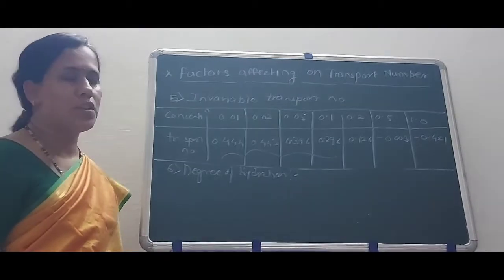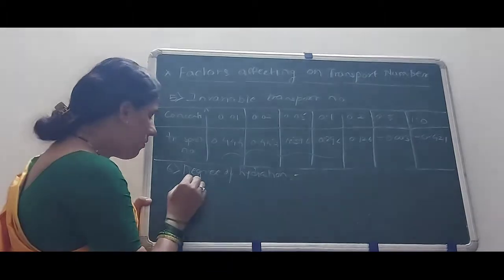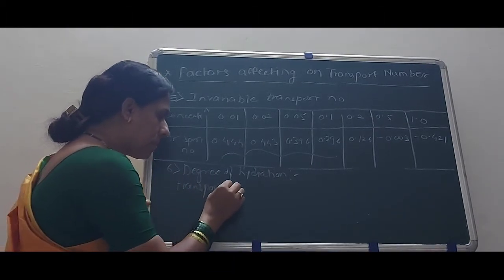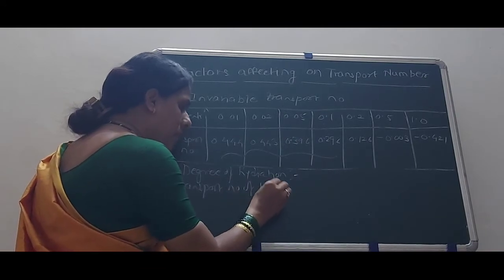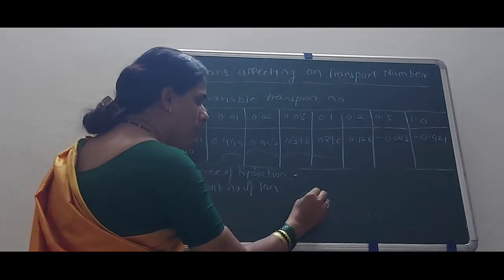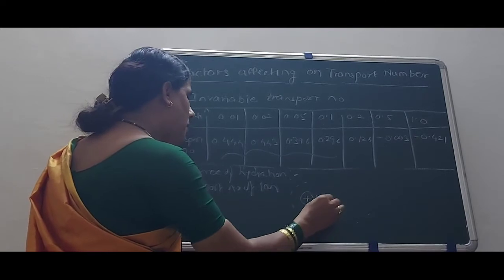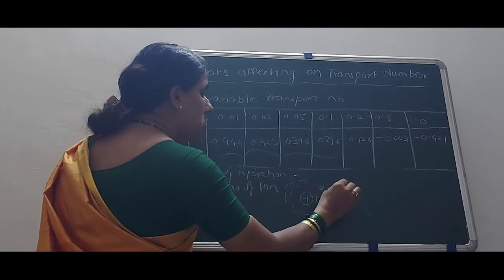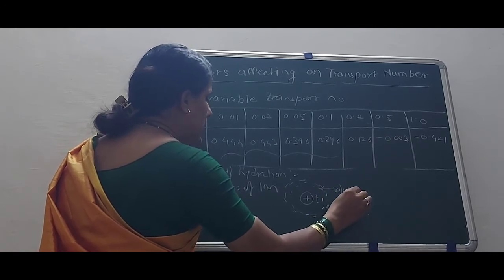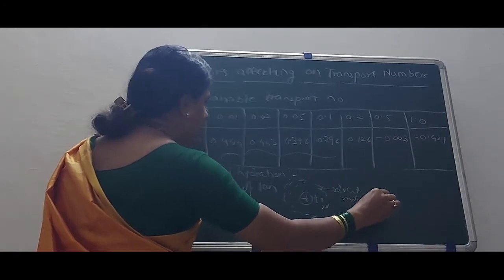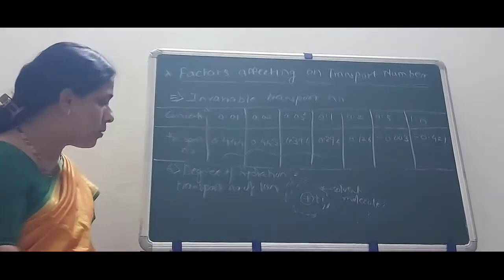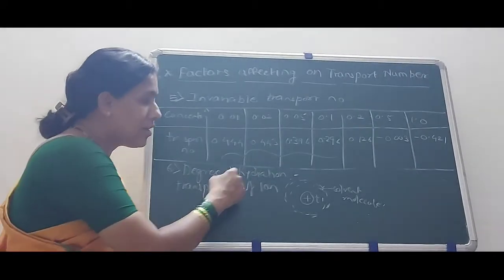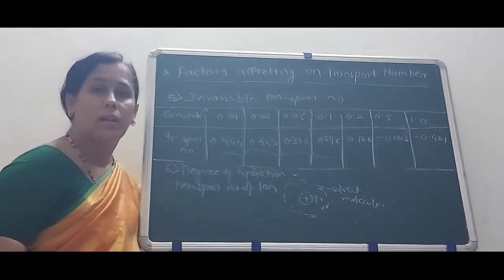As far as the degree of hydration is considered, an ion with transport number T plus is surrounded by solvent molecules. The degree of hydration is inversely proportional to the transport number.